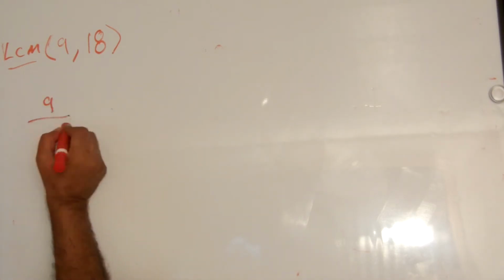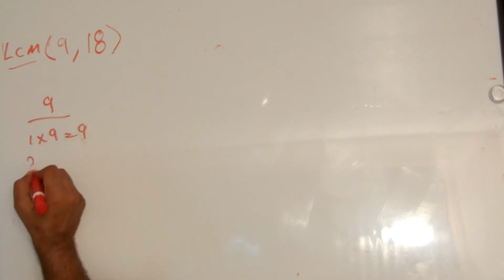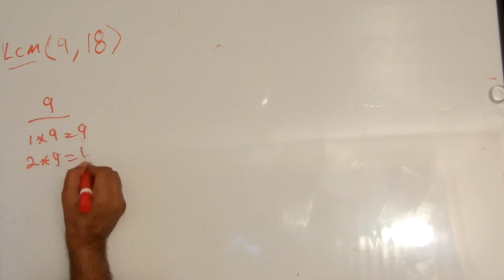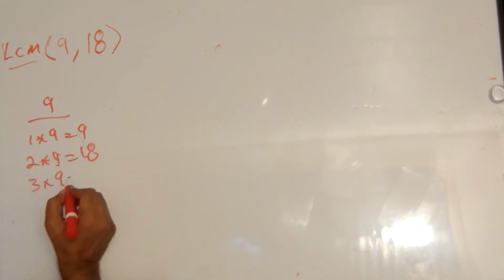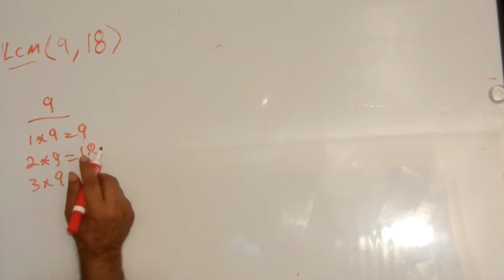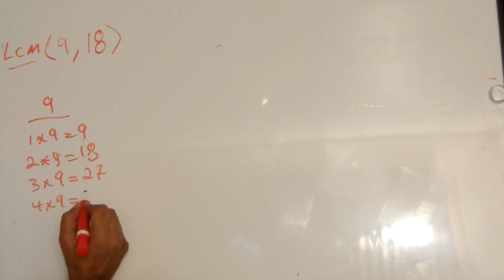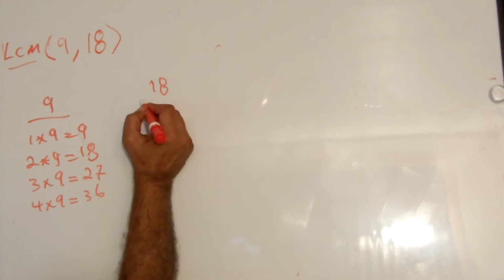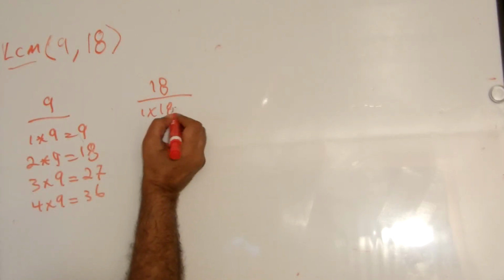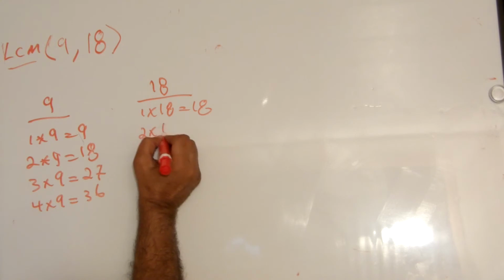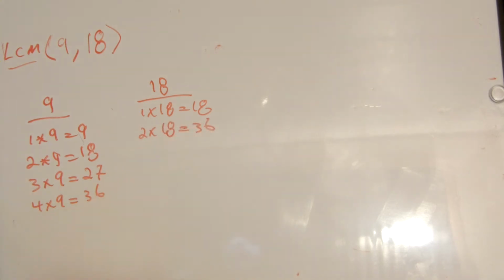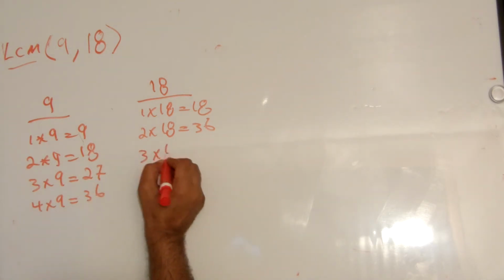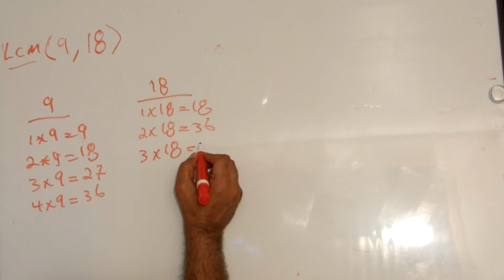You say 9: 1 times 9 is equal to 9, 2 times 9 is equal to 18, 3 times 9 is equal to 27, 4 times 9 is equal to 36. And then for 18, 1 times 18 is equal to 18, 2 times 18 is equal to 36, 3 times 18 is 54.